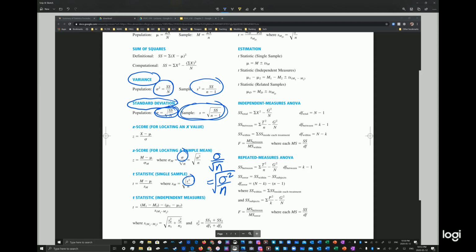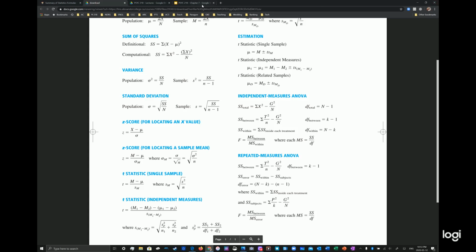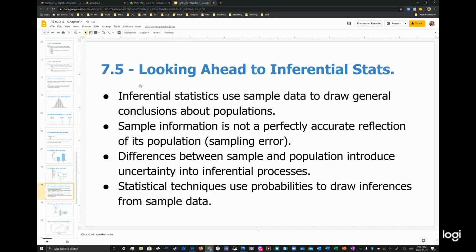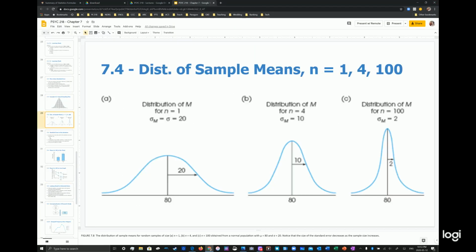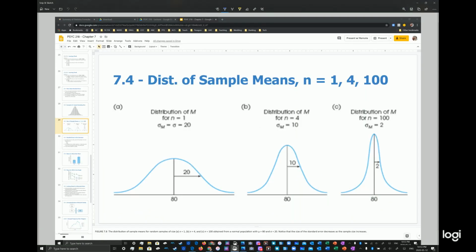So for example then, when we look at the standard error for these distributions back in slide 29, let's say we've been given the population standard deviation of 20. And so for our standard error, we use the formula here.